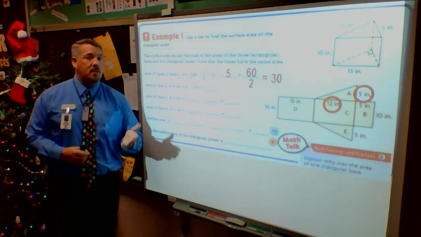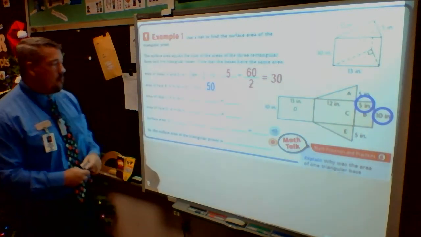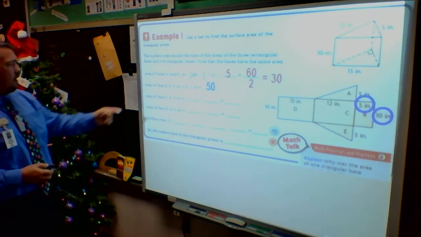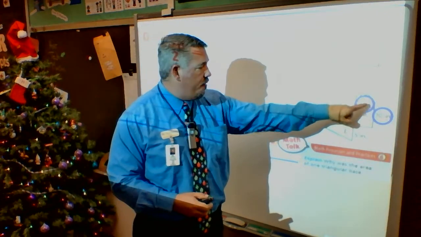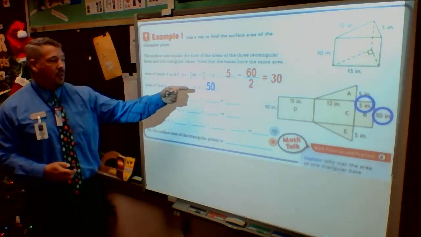But once again, it is a prism, and I have 2 of them, so I have to just go back and multiply it by 2 then, and I'm going to know that I have 60. When I look at B, I'm looking at 5 and 10 for my measurements, and 5 times 10 is 50.